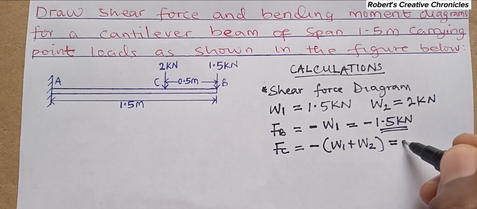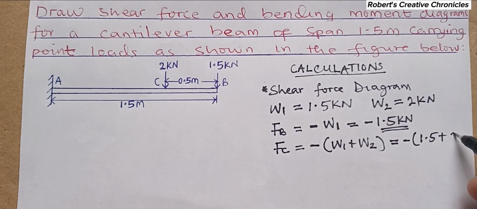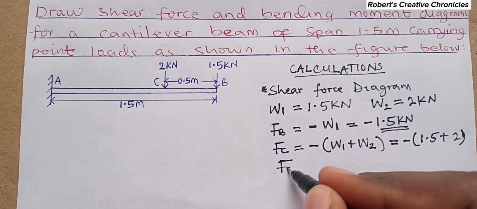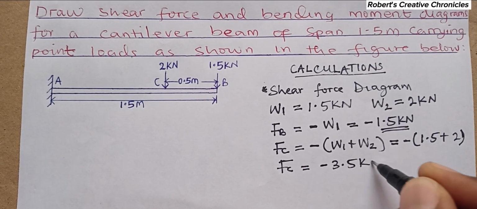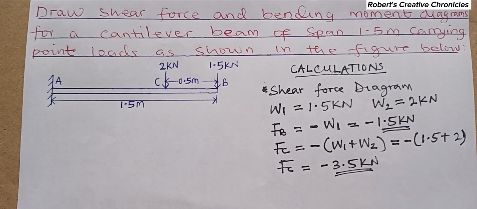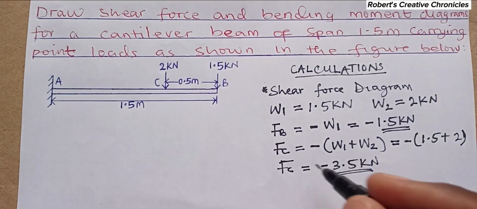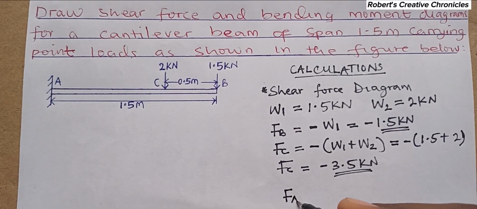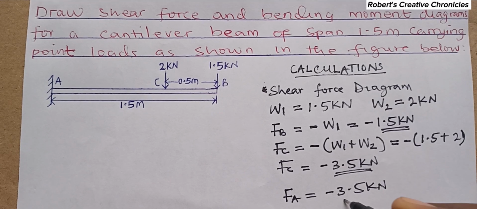So now it's negative 1.5 plus 2. So my FC is negative 3.5 kilonewton. And since there's no other force here, the shear force at A is automatically minus 3.5 kilonewton.